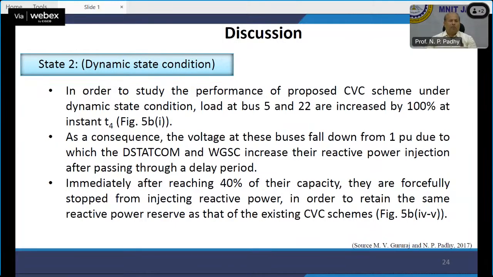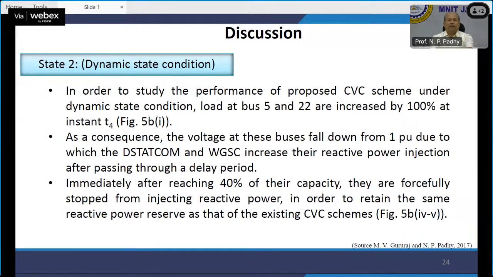Coming to the dynamic state finally, in order to study the performance of the proposed CBC scheme under dynamic state conditions, the loads at buses number 5 and 22 are increased by 100% at instant T4. So when there is a switching, there is too much load increase.